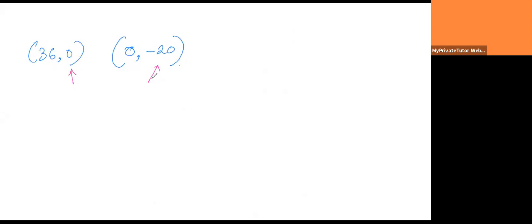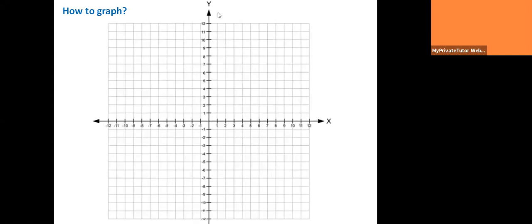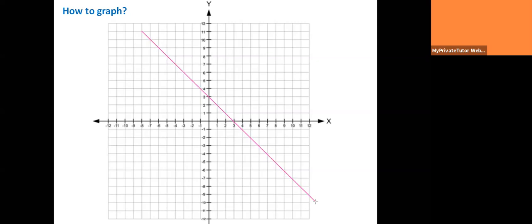So you guys understand how to draw the graph using the equation, and sometimes they might give the line, the graph. Let me draw quickly here, guys. One moment.